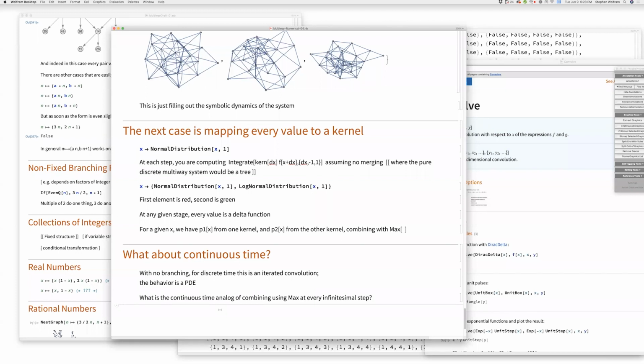What the heck is it, though? If you're doing an operation like that at every infinitesimal step, you're taking these two functions.